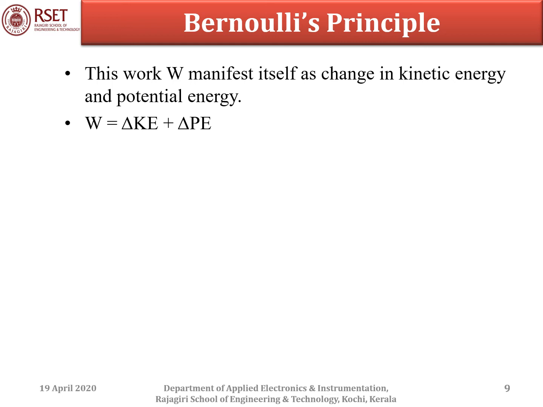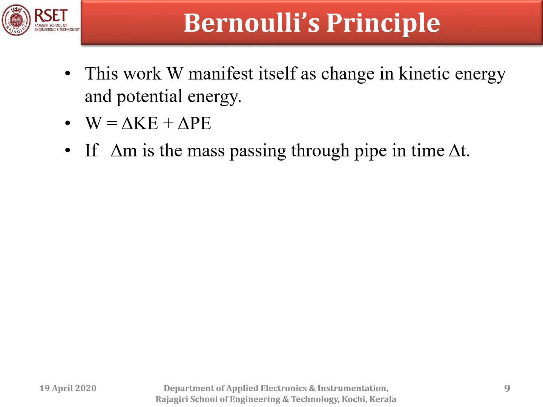Now change in kinetic energy will be the difference of the kinetic energy of the fluid mass which is leaving and the kinetic energy of the fluid mass which is entering. We are assuming that for a time delta t, the mass passing through the system is delta m. Delta m is the mass passing through the pipe in time delta t.